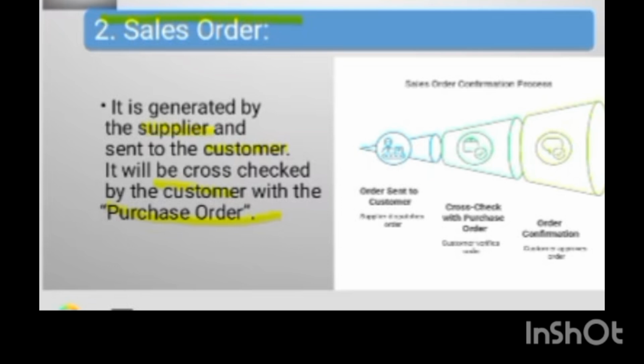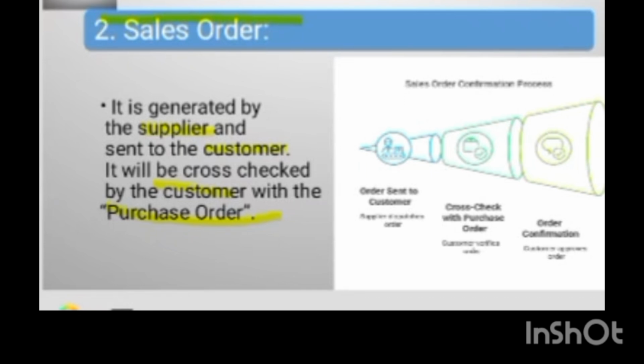Sales order is the document or slip that is made by the supplier, and he will send it to the customer saying that this is your order, these are the goods, these are your required items, and I am sending you the slip of whatever is sent to you.